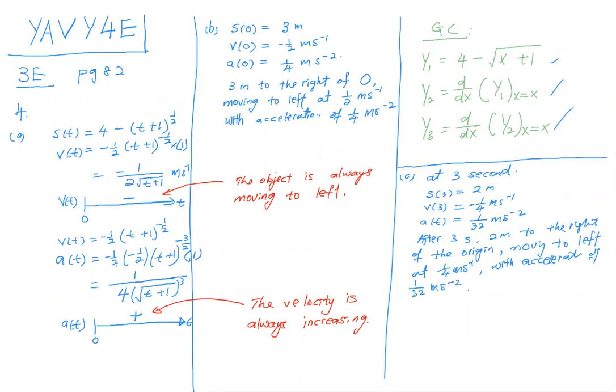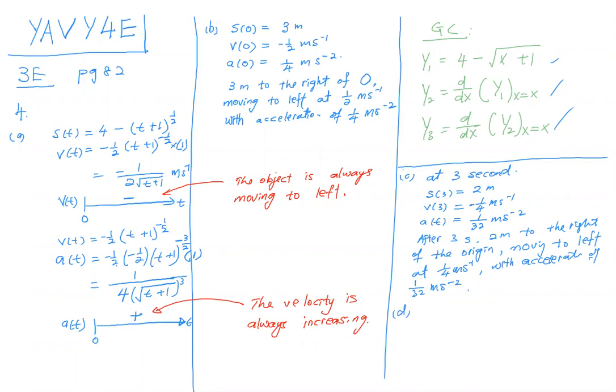So you see, as you move to the left, because the acceleration is positive, the velocity is increasing. What happened to the speed? Decreasing.